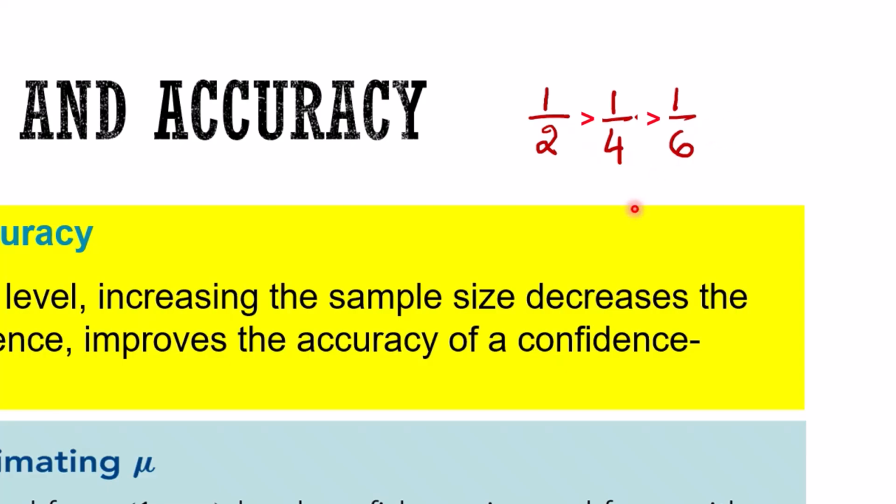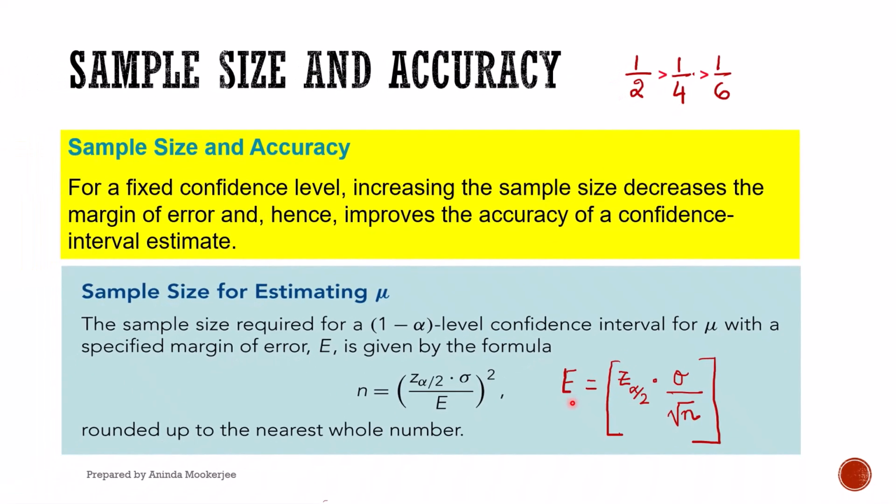So as we increase the value of the denominator, the resulting quotient decreases, and the same thing happens here as well. When we increase the sample size, then sigma divided by square root over n will become a smaller value, and when we multiply that by the z value, we will get a smaller number for the margin of error. All right, so that is how increasing the sample size decreases the margin of error and hence improves the accuracy of a confidence interval estimate.